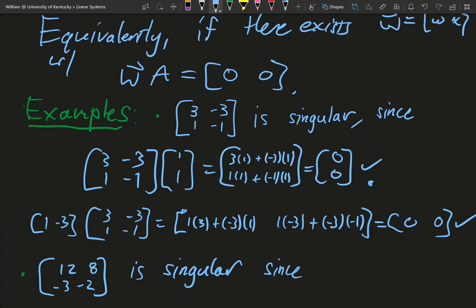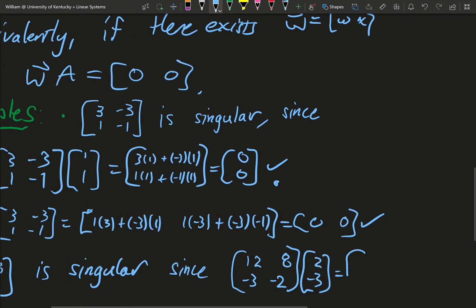So [[12, 8], [-2, -3]] is singular because [[12, 8], [-2, -3]] times 2, -3: 2 times 12, 24, minus 8 times 3, also 24, and -2 times 2, -4... -3 times 2, -6, plus -2 times -3, +6.